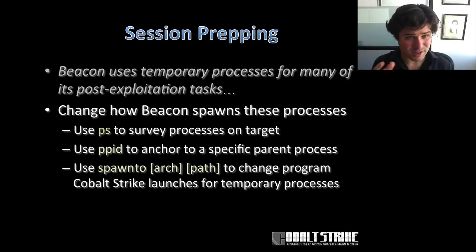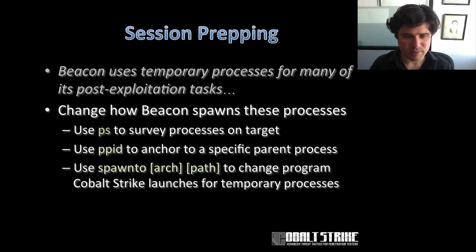So you don't have to make it look like Beacon launched anything. If you're living in, say, the Java updater, you can run a command shell and make it look like Explorer.exe launched it. And the way you do that is just do ppid, the new parent process, and everything Cobalt Strike launches will be anchored to that alternate parent process. It's a pretty cool technology.